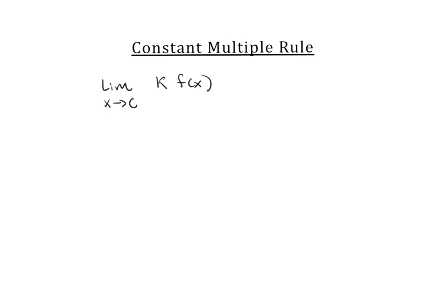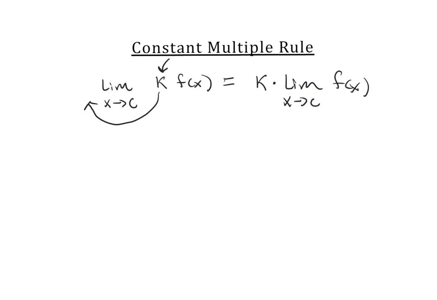Okay, the next property is called the constant multiple rule. If you're taking the limit of a function that has a constant, like a leading coefficient, out in front, we can scoot that out in front. So I could also say that it's the constant k times the limit as x approaches c of f of x.